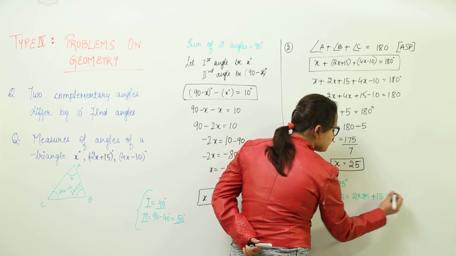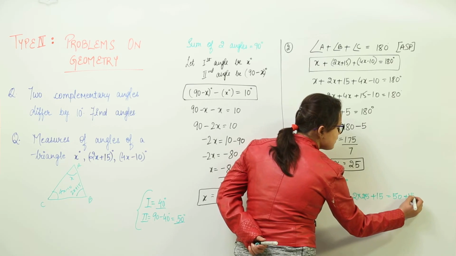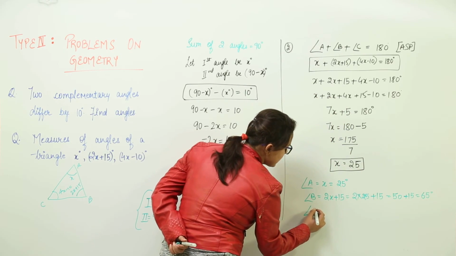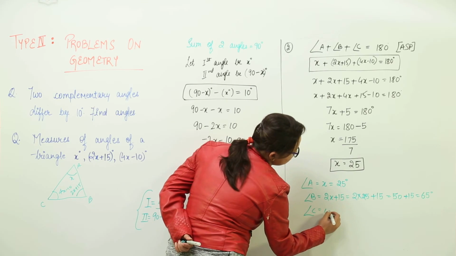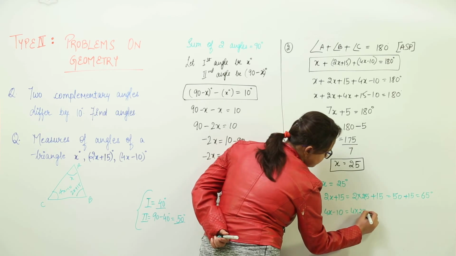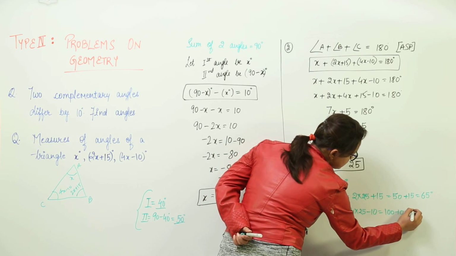Twice 25 is 50, plus 15 making 65 degrees. And the last, angle C, 4x minus 10, is equal to 4 into 25 minus 10, giving us 100 minus 10, that is 90.